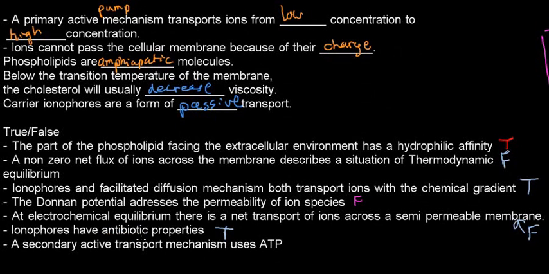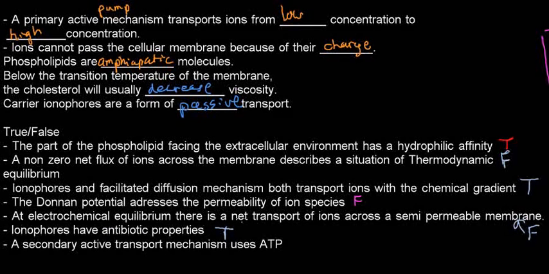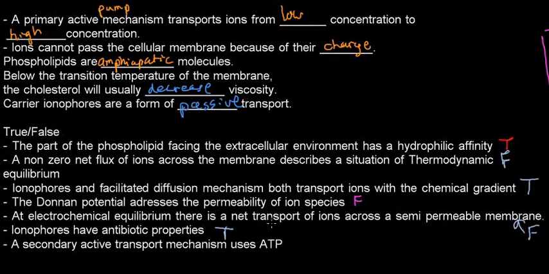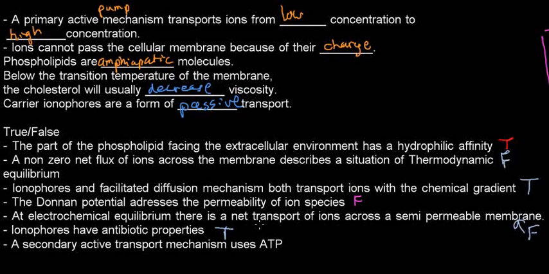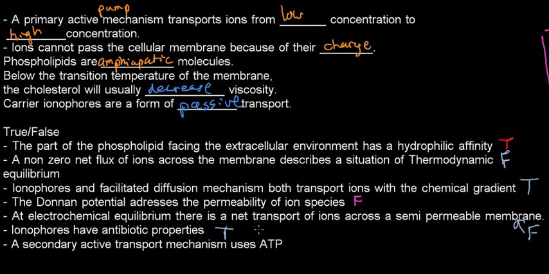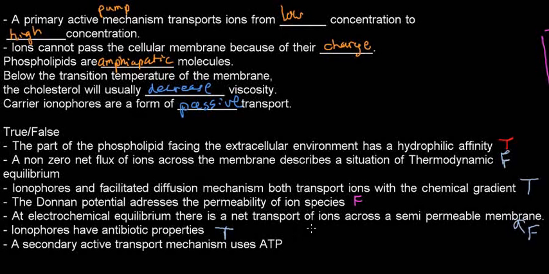A secondary active transport mechanism uses ATP. When we think about it, we already mentioned that what uses ATP directly would be the pump, and the pump is going to generate a gradient, and the secondary active mechanism is going to use that gradient. When we say a secondary active transport mechanism uses ATP, some people may say, yeah, it uses the ATP from the pump.